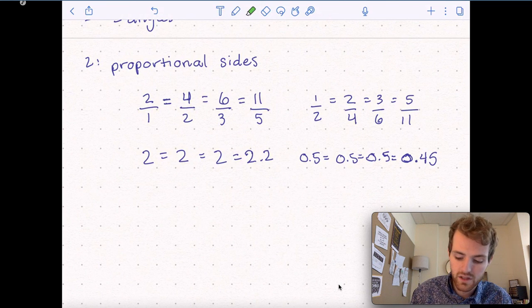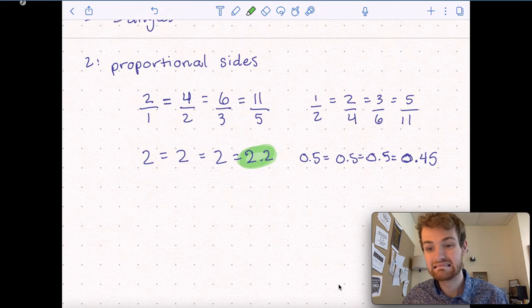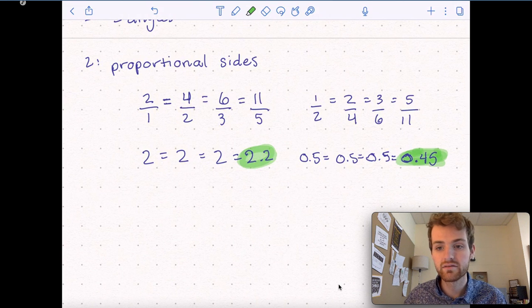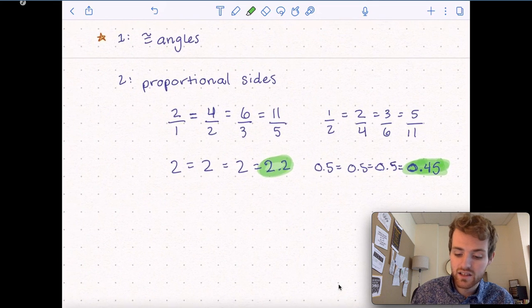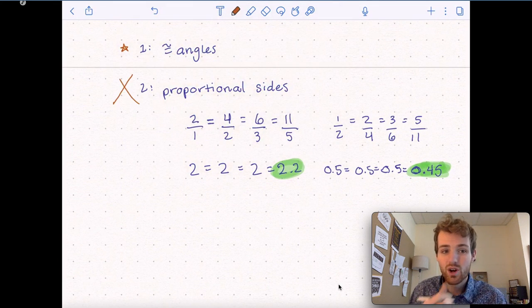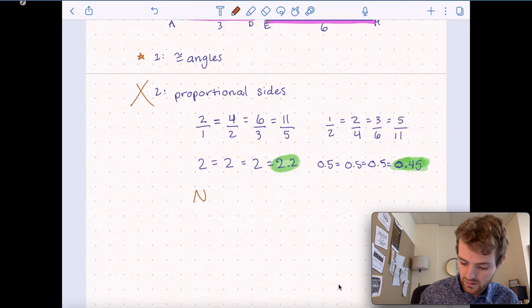The answer should be no. We see there's this outlier, this 2.2 or this 0.45. They don't fit in. Because they don't all match, we don't have proportional sides. If they don't all match, it's not proportional.